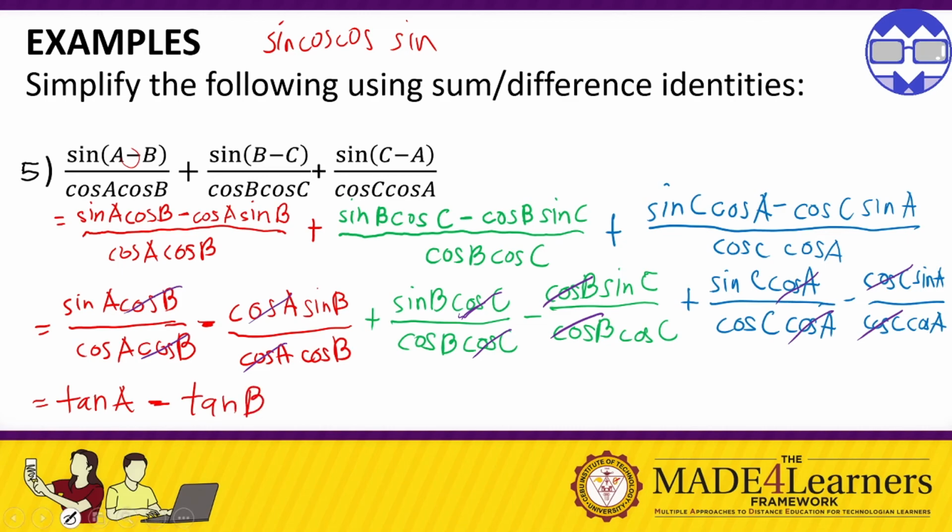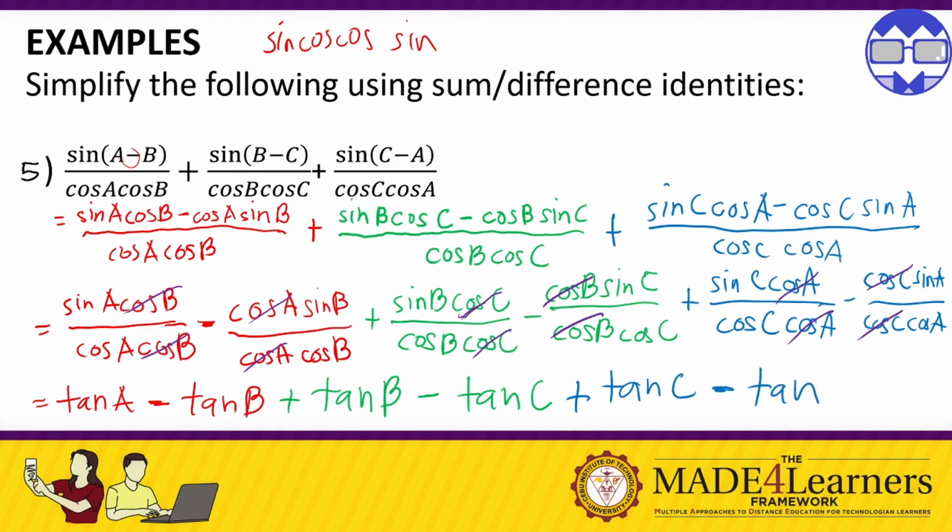Then we have green. Sine B over cos B is tangent B. Minus sine C over cos C is tangent C. And then for the blue, we have plus sine C over cos C, tangent C. And then we have sine A over cos A, minus tangent A. Okay, let's see if we can simplify further.